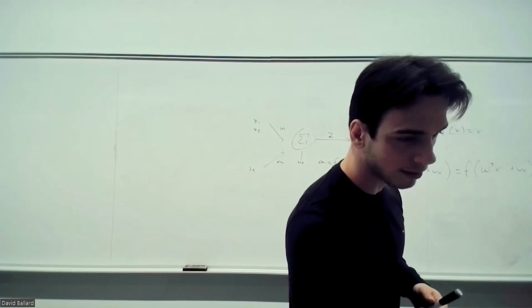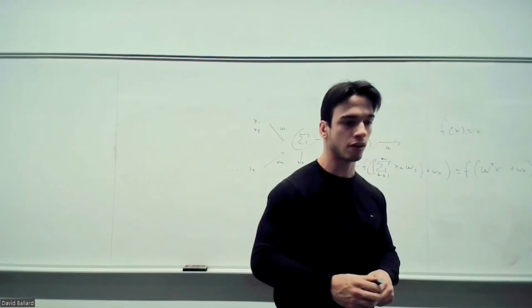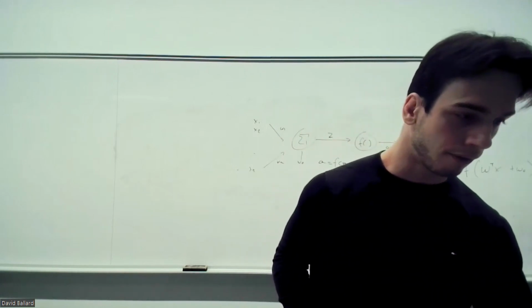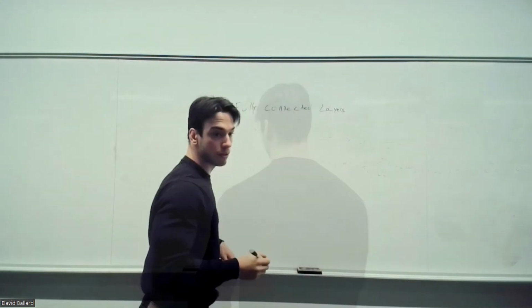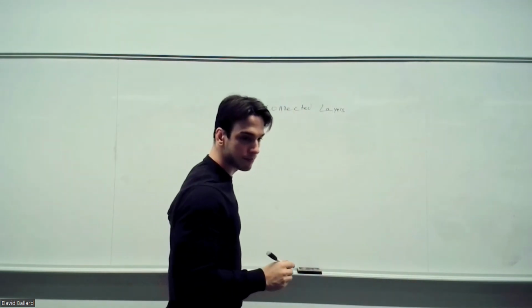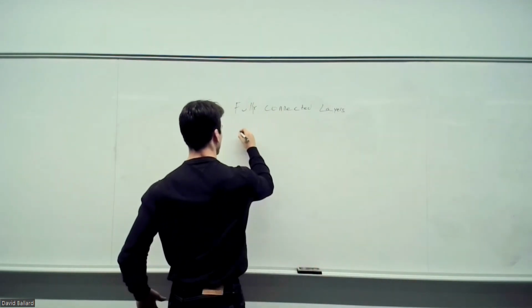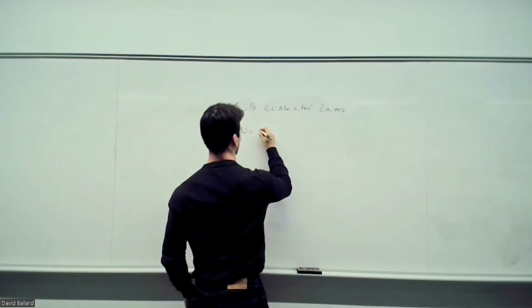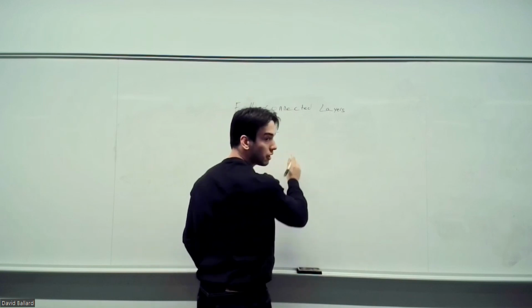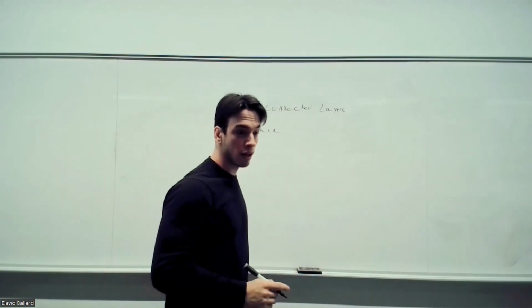So let's talk about layers now. We'll talk about fully connected layers. W will represent an m by n weight matrix. So this is all our weights.